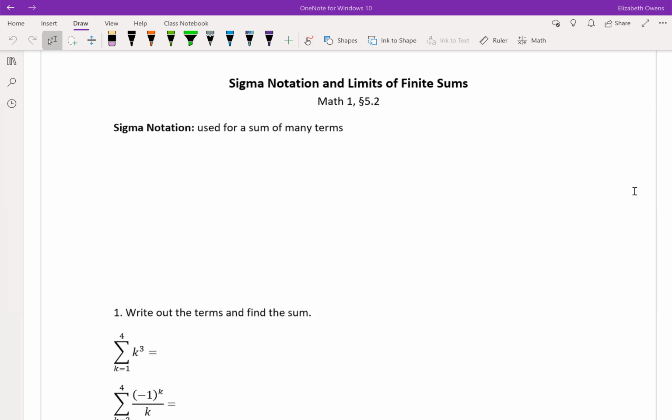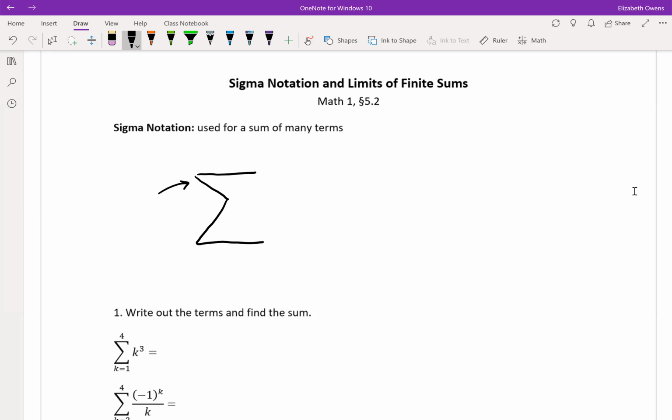So sigma notation is used for a sum of many terms, and this is what it looks like basically. We've got this big symbol here. It's kind of like an E type of shape.